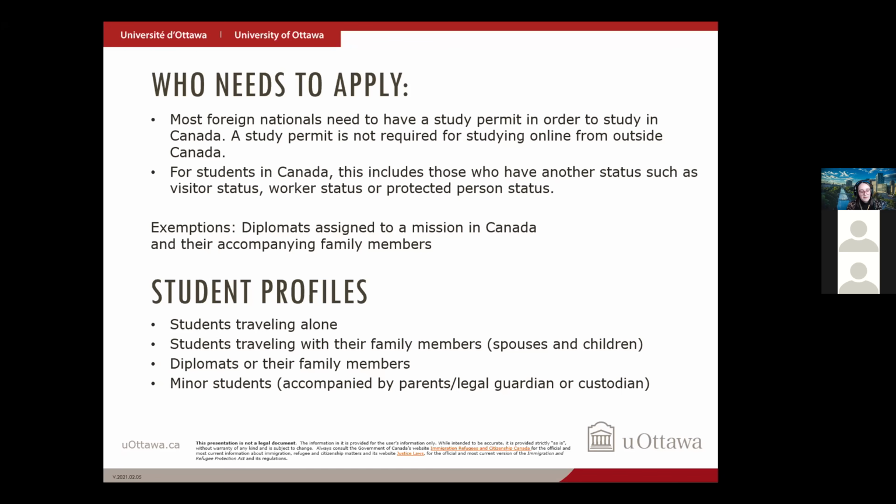We also have diplomats and their accompanying family members. And then finally, we also have minor students, who have to be accompanied by either their parent or legal guardian, or they have to have a custodian. So those are the most common student profiles, and we'll go over a little bit of each one, but we're going to be mainly focused on the first profile, which is a student traveling alone.